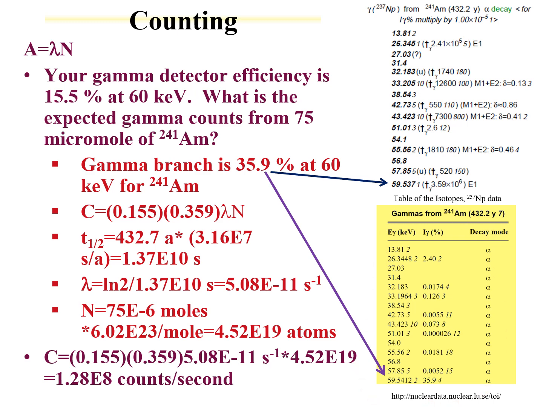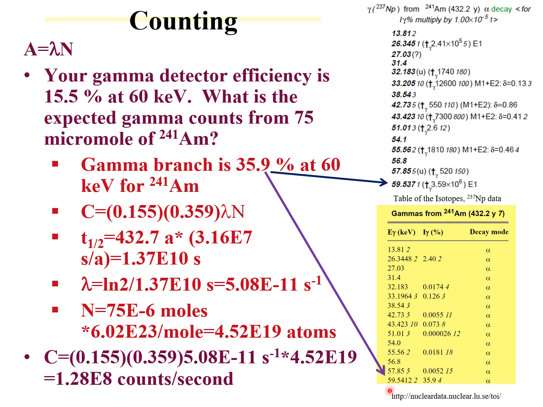These data sets include information not only on gamma decay, but other decay routes, and we will describe these data sets in more detail later in the course. The gamma branch at 60 keV is 35.9%.